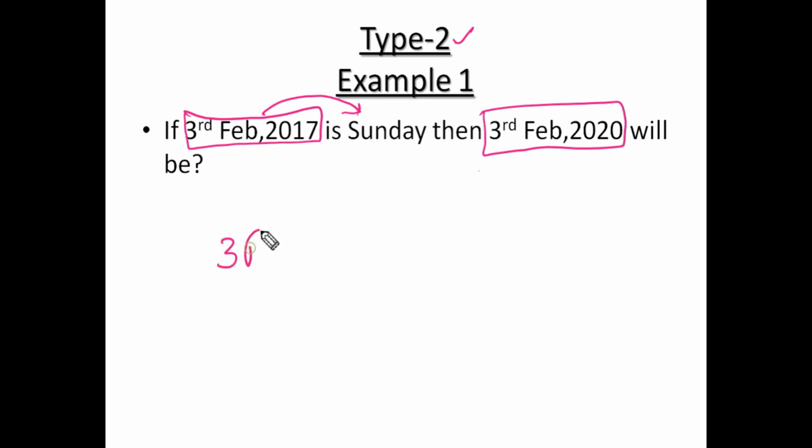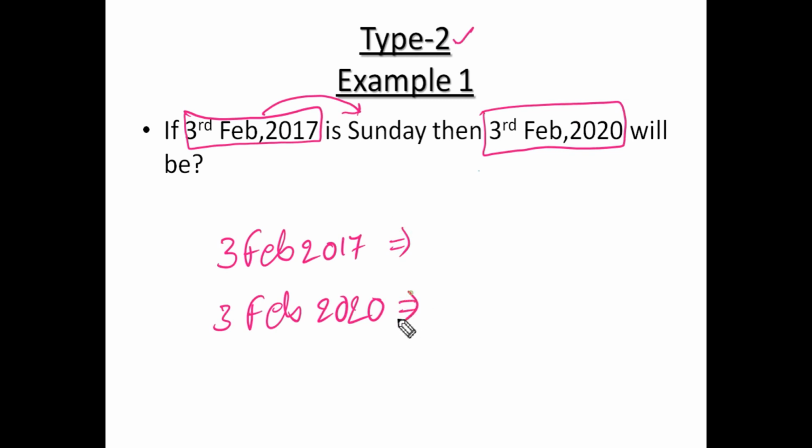Okay. 3rd Feb 2017, and this is 3rd Feb 2020. If you observe, here he is not declaring this as Sunday. He is just predicting. If it is Sunday, based on this one, what will this date be? Okay. So here, luckily the date is the same.